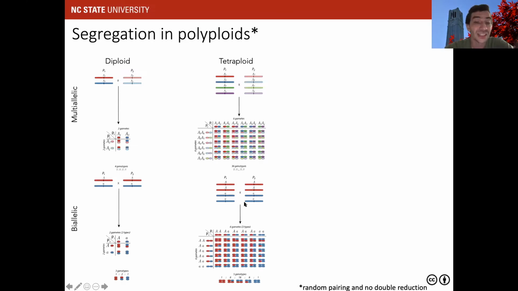And this is just an example with a 2 dose. In this case, we have this type of segregation, 1 to 8 to 18 to 8 to 1. And again, this is with no double reduction and assuming that we have random pairing.